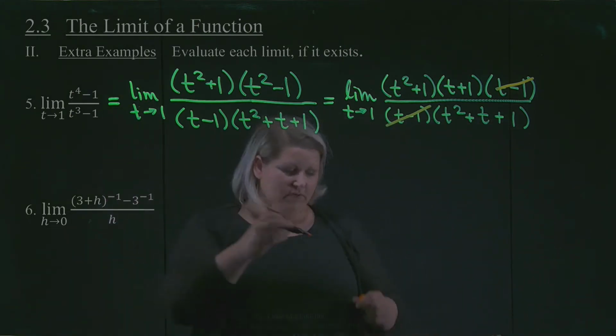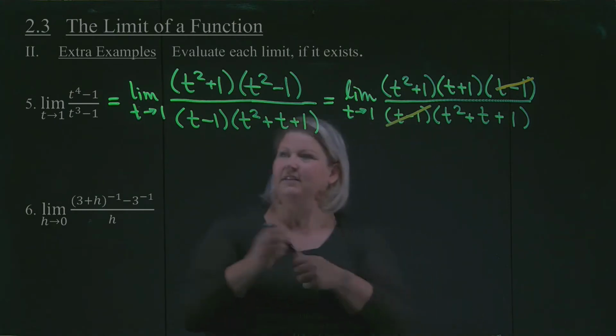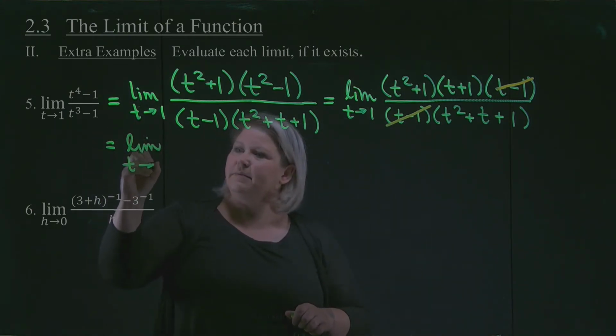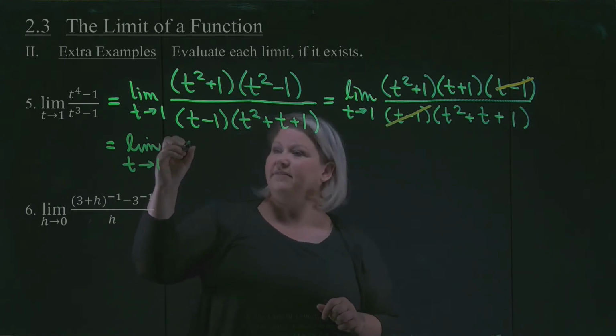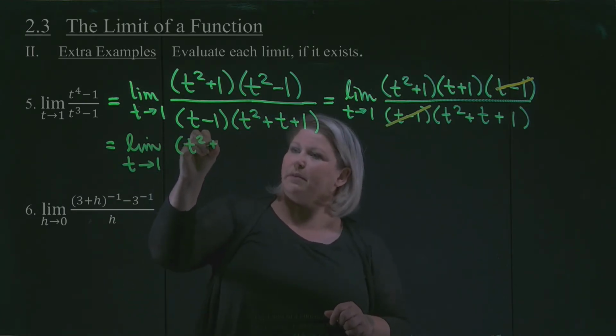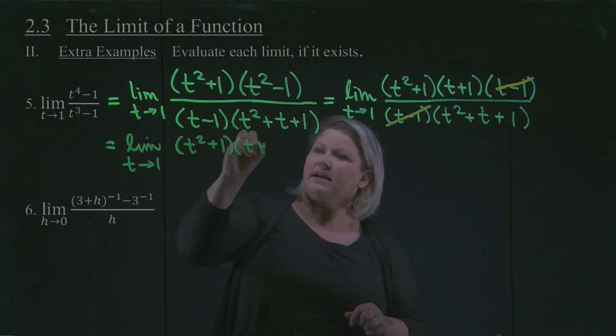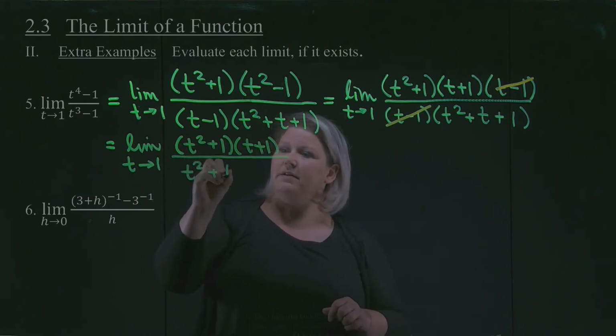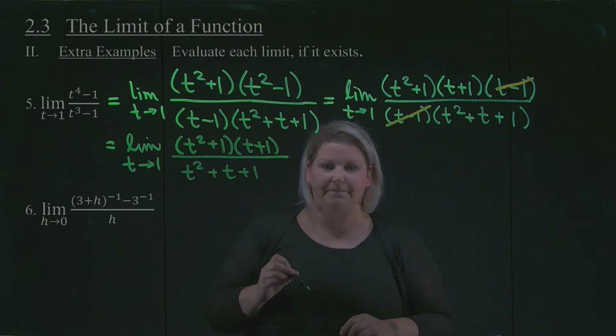And then I'm going to have the limit as t approaches 1 of what I've got left in the top: t squared plus 1 times t plus 1 all over t squared plus t plus 1.